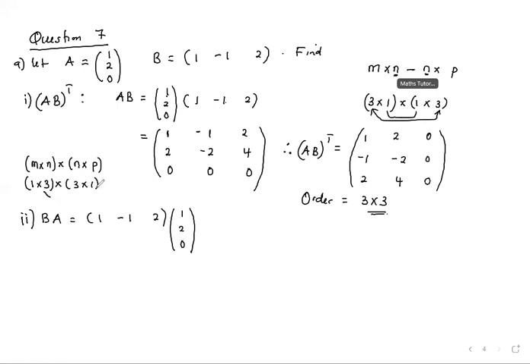So you can multiply, and the order will be 1 by 1, so it will be a scalar. 1 times 1, you get 1, plus -1 times 2, -2, plus 2 by 0, you get 0. This is giving us -1 in the matrix. We are done.